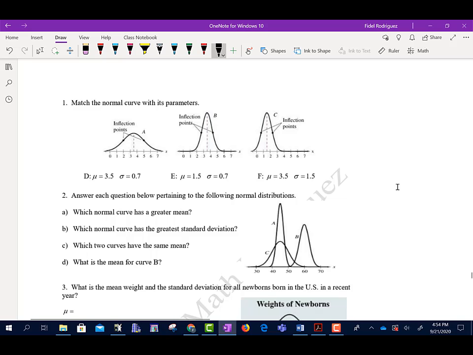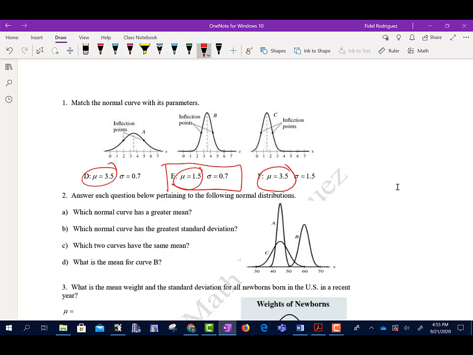The first question says, match the normal curve with its parameters. First thing I want you to notice, look at the mean in every case. In two of them, the mean is 3.5, and in one of them, the mean is 1.5. So here is the mean of 1.5.